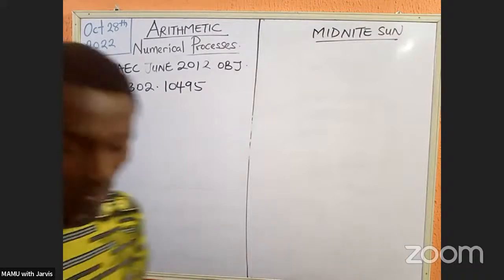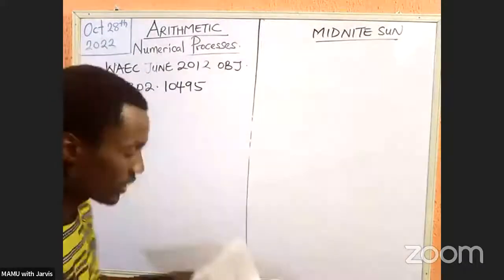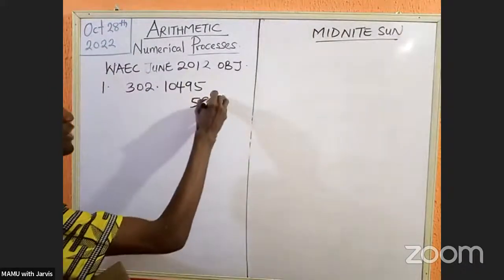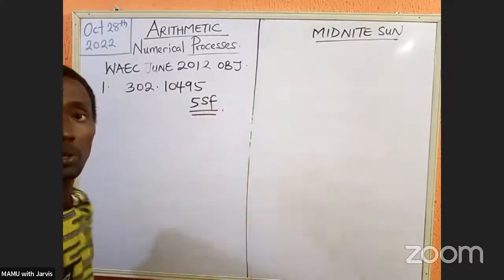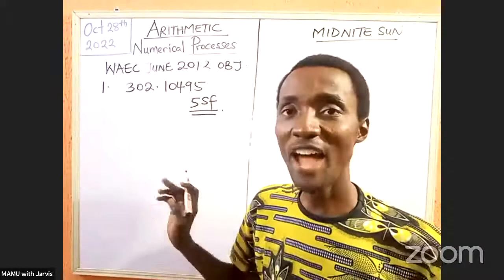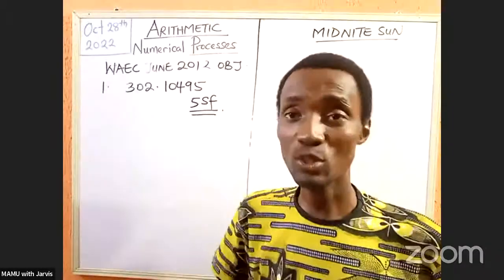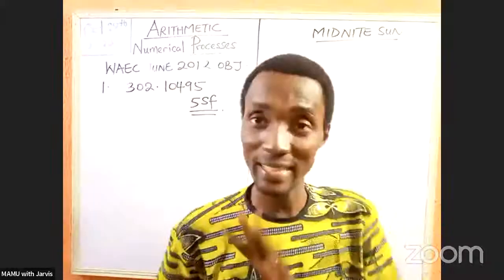It says to 5 significant figures. Wow. Can we handle that? So let's do that. You have 30 seconds to do that.